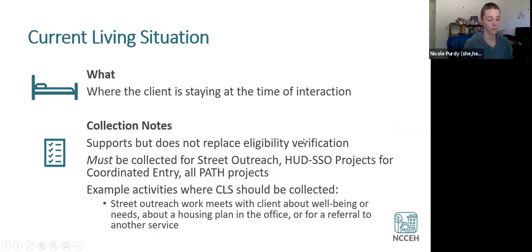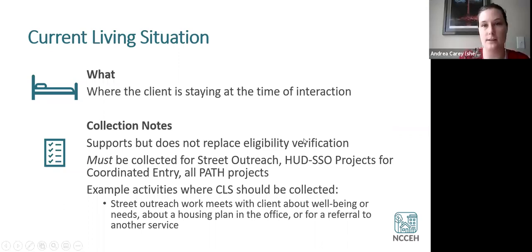Okay, well, let's get to current living situation. This is our other element that supports coordinated entry. You may have been introduced to street outreach, but we want to make sure it's clear for our coordinated entry project. So current living situation is where the client is staying at the time of interaction. This is very similar to some of our other questions like prior living situation or exit destination.